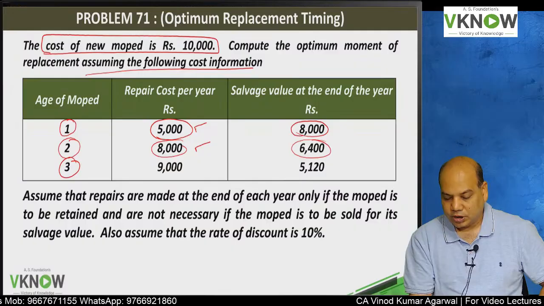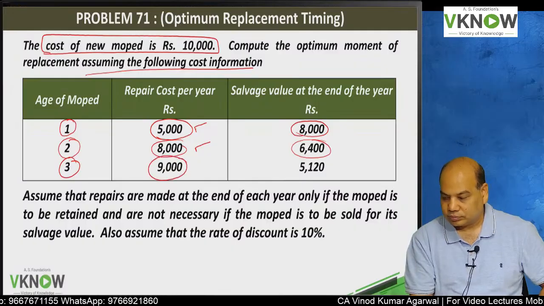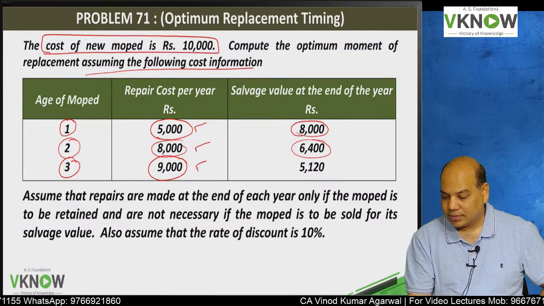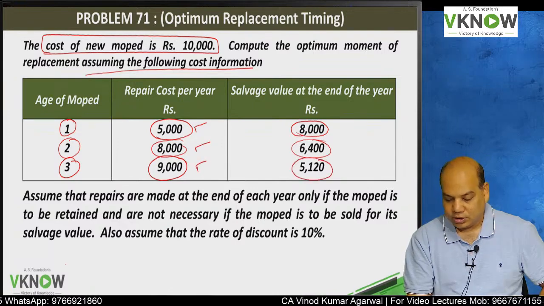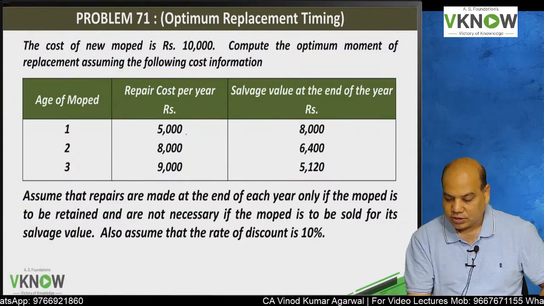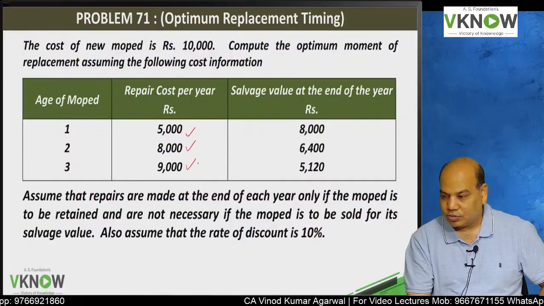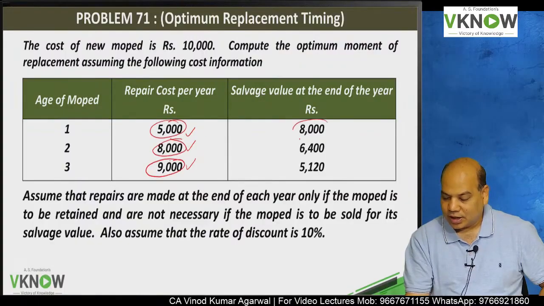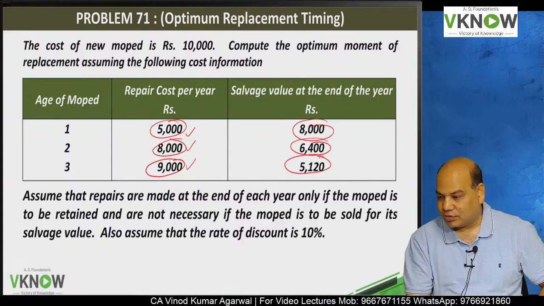Then age of the moped is 3 years. Third year repair cost will increase and salvage value will decrease. So you can see in this example, as your age of the moped is going up, repair cost is increasing, but salvage value is decreasing.